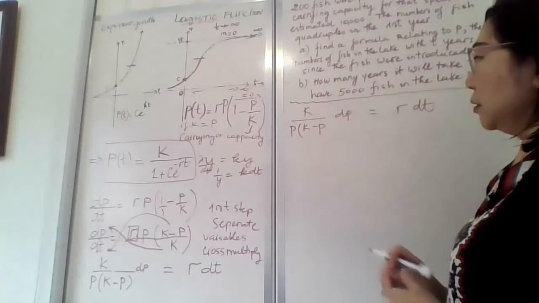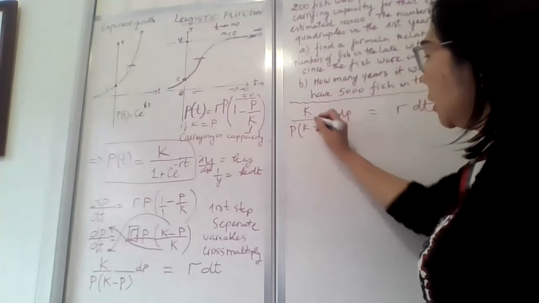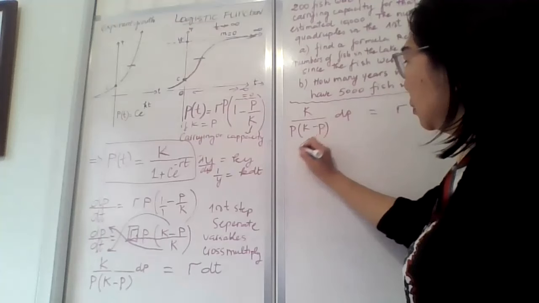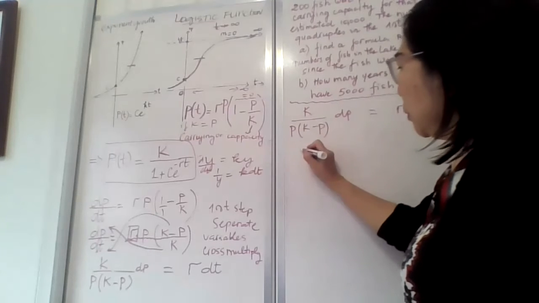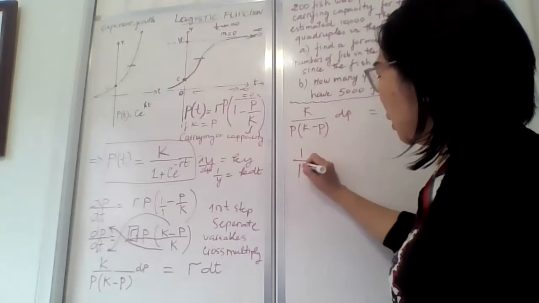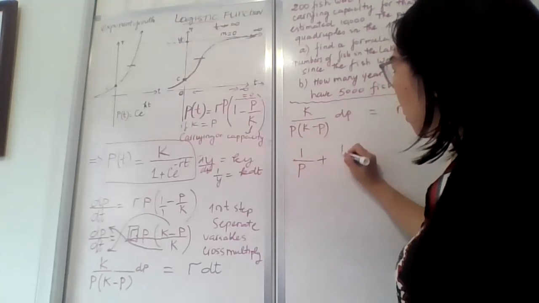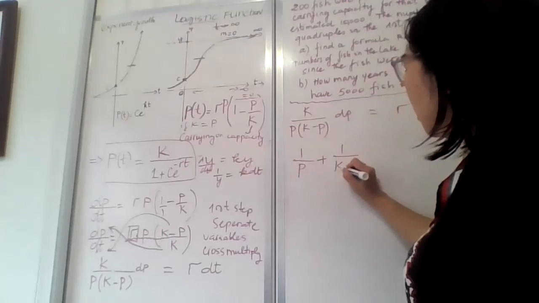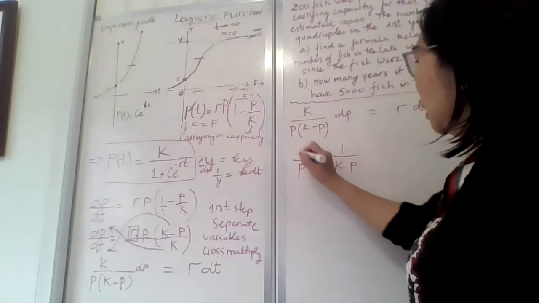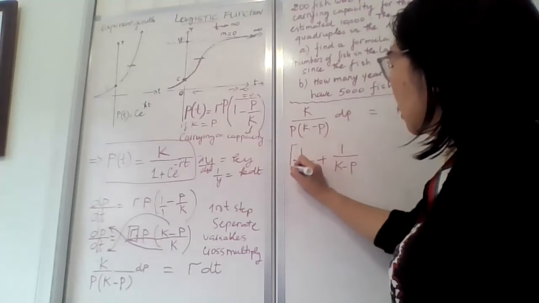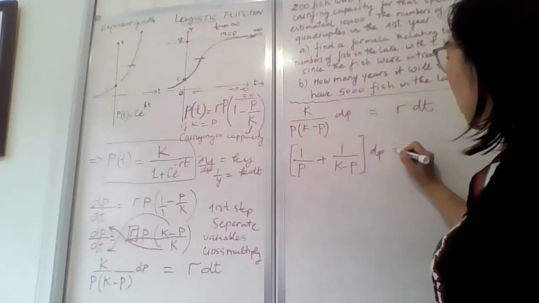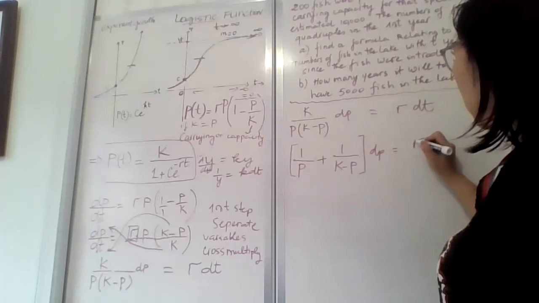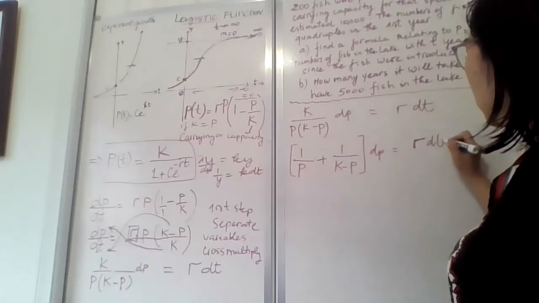I'm going to separate this fraction to become two fractions. And I'm going to write this as 1 over p plus 1 over k minus p. And of course, all of them will be dp equals r dt.